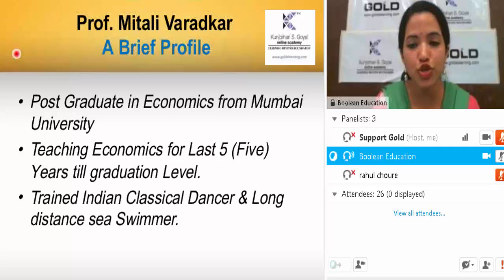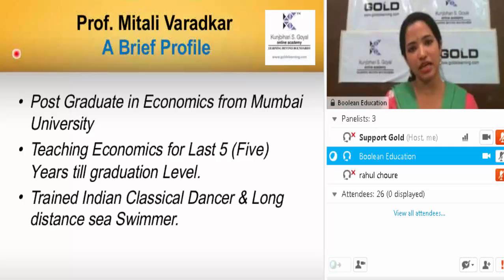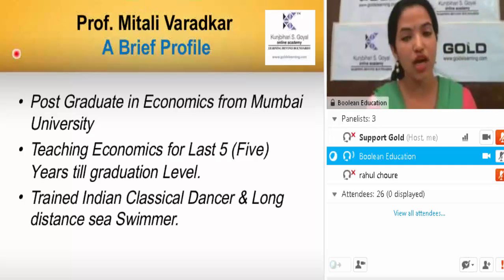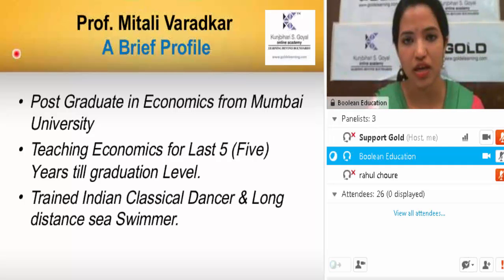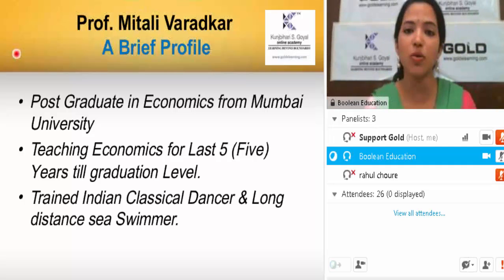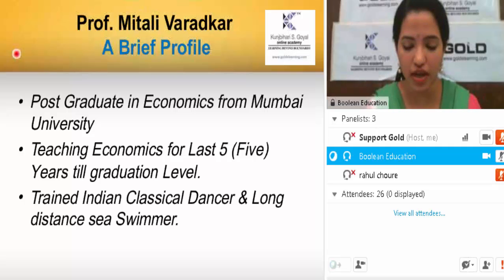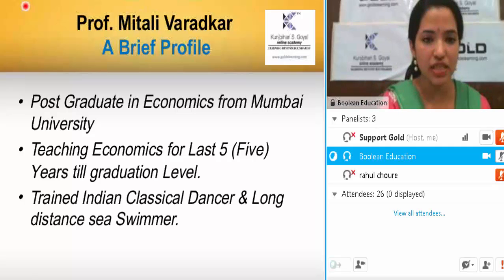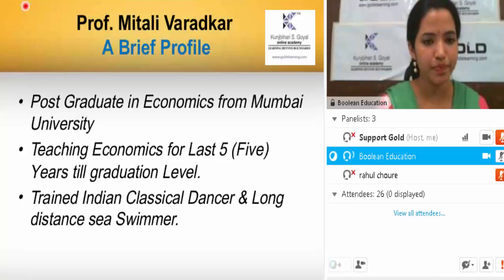Whenever the relationship between two variables, price and demand, is negative, if we present it graphically, we will have a downward sloping demand curve. Correct? So let's start with elasticity of demand.